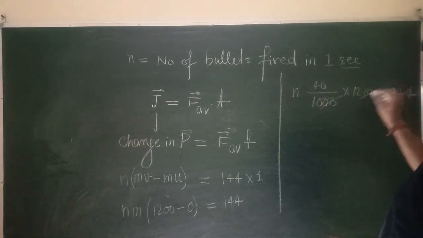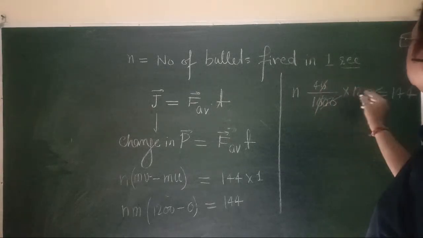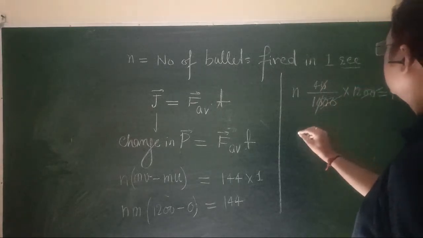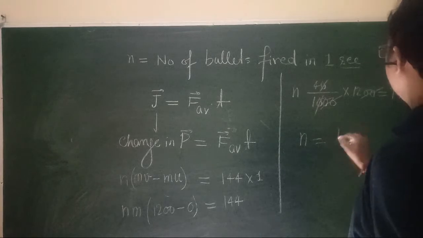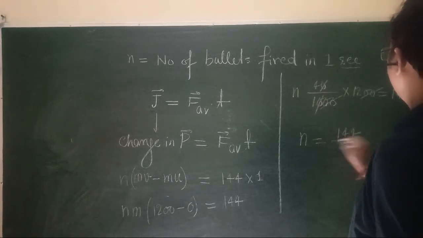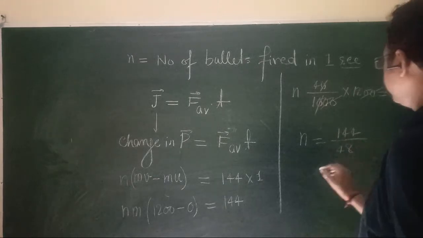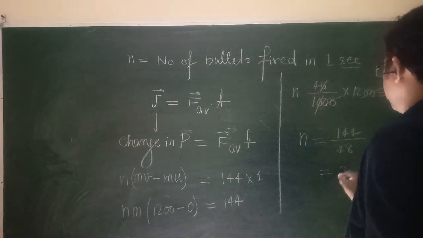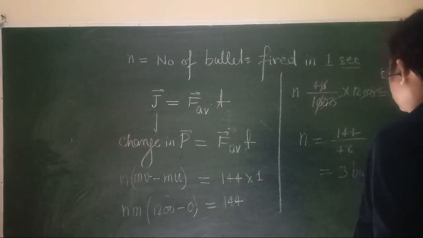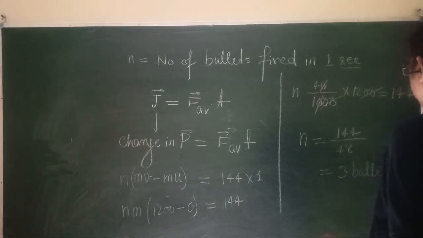So n is equal to 144 upon 48. This gives 10 bullets per second.